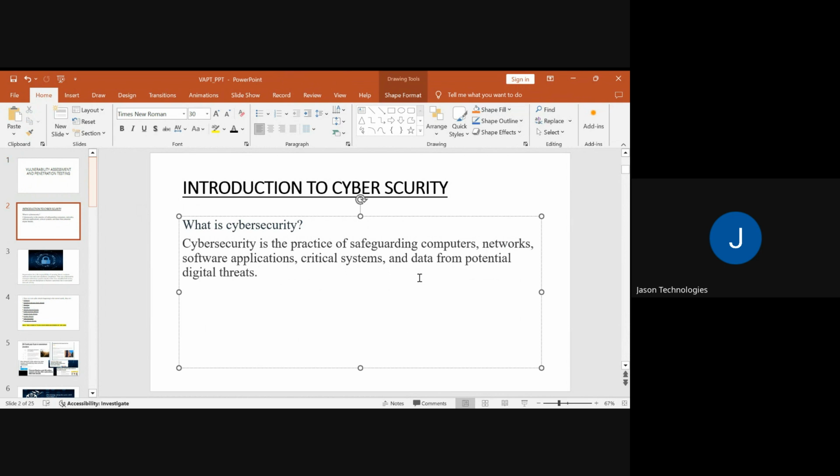Based upon the requirements of the organization, they will select this type of database, MySQL or Oracle or SQL, depending upon the schema and how the data should be stored in the database itself, or whether that particular data should be stored in the cloud. Depending upon the organization's architecture and requirements, the data will be stored in the cloud or in the backend database. So if the data is stored in the backend database or even in the cloud, there should be proper security implementation so that it cannot be attacked by cyber attackers, the outside attackers.